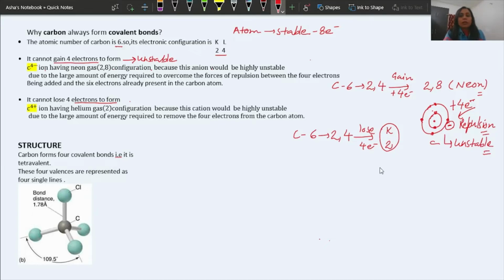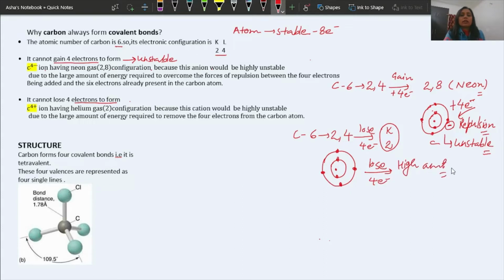Okay, now let us see what happens in this case. This is nucleus, first shell with the 2 electrons and second shell with the 4 electrons. Now if you want to remove 4 electrons from the last shell, you need high amount of energy.